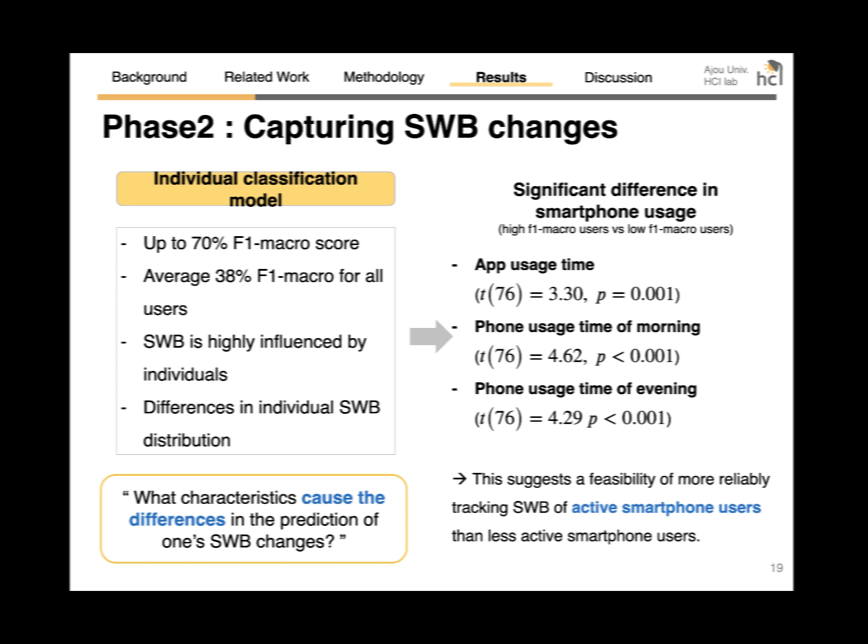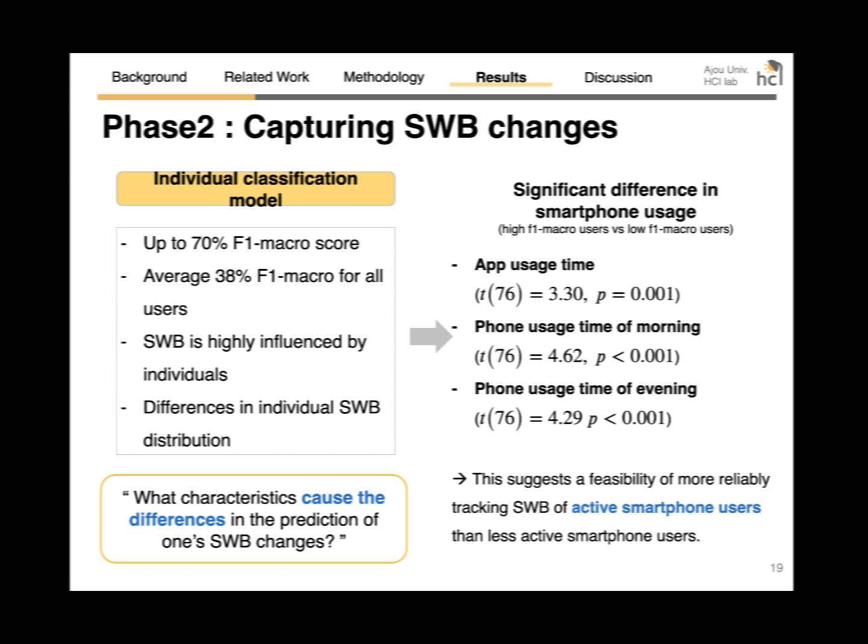We divided the participants into either a high or a low group in order to see what characteristics caused the differences in the prediction of one's subjective well-being changes. As a result, we found there was a significant difference in smartphone usage, such as app usage and phone usage time of the morning, afternoon, and evening, between the high and low groups.